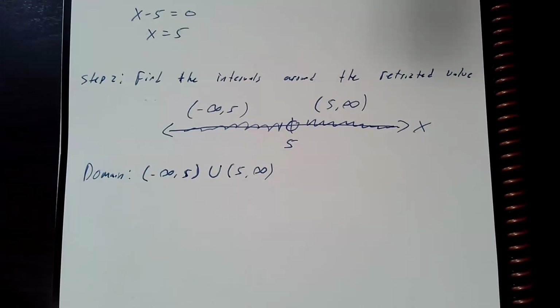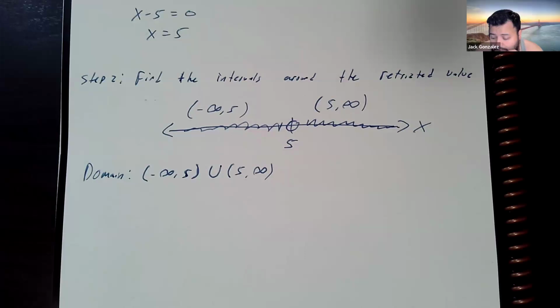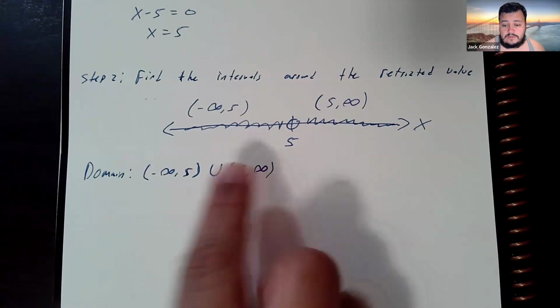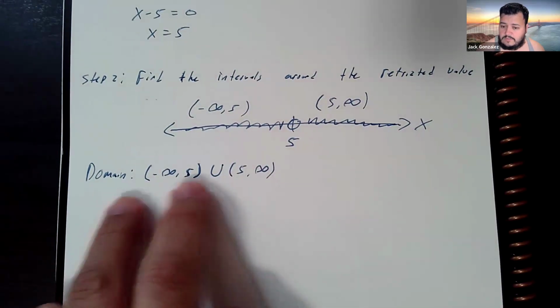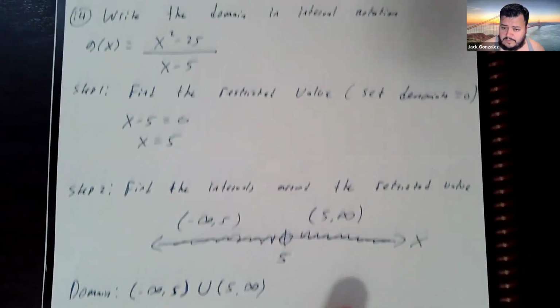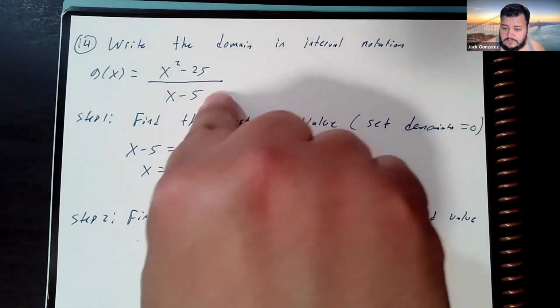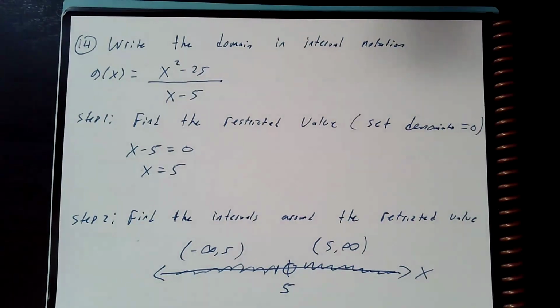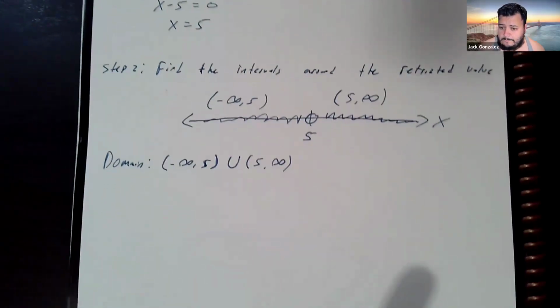Does it apply to any number? Yeah, any restricted value. Think of it this way: the domain is everything except 5. So how do I write that? Everything before 5, everything after 5. If your function has a restriction, the domain is everything else. That's what this means.